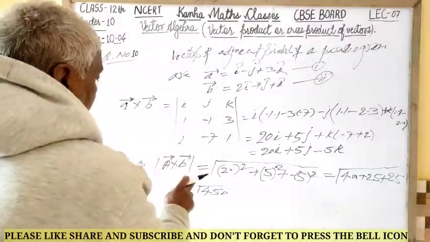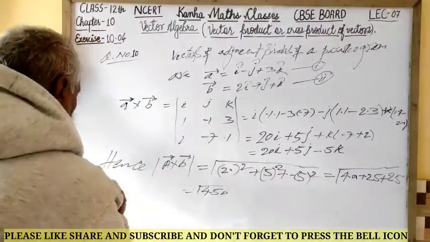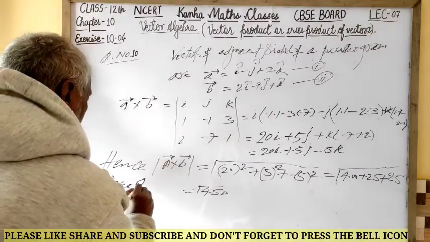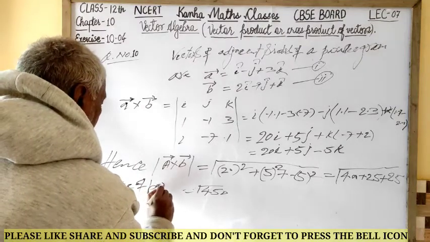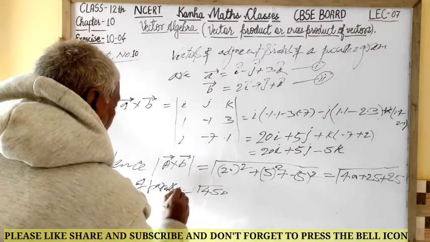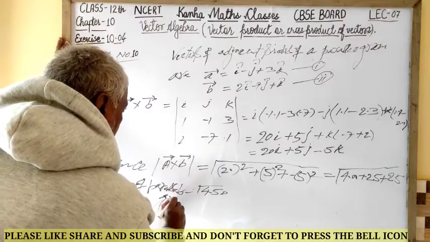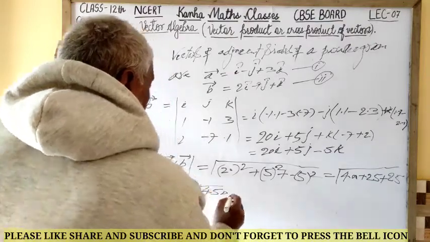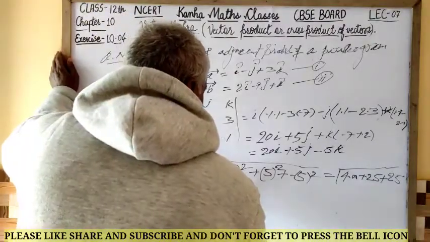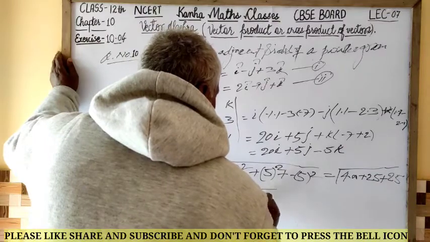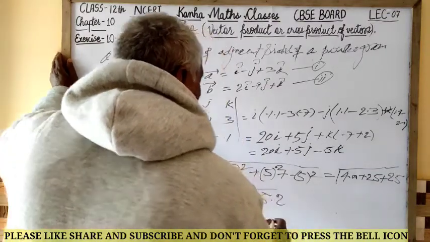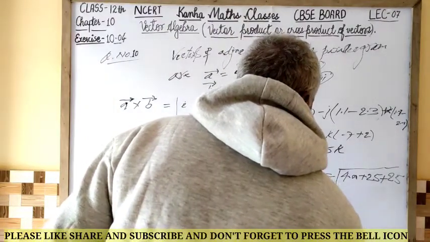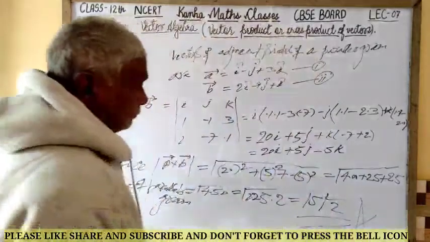Hence, the mod of vector A cross B means the area of the parallelogram. The area of the parallelogram is equal to under root 225 into 2, which means 15 root 2. This will be the requisite answer.